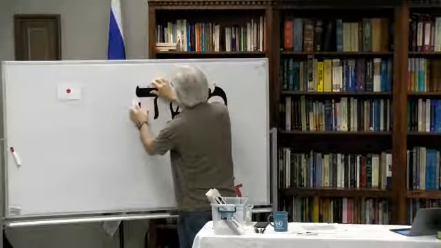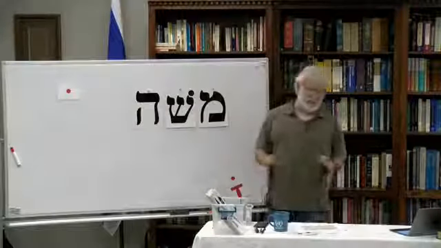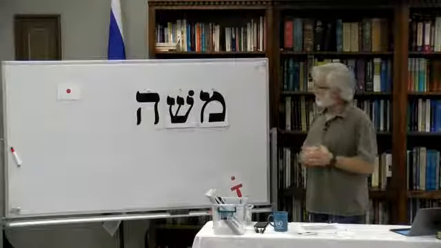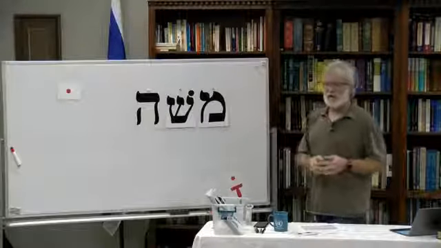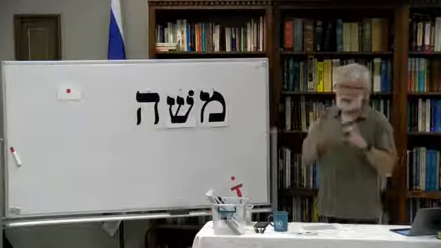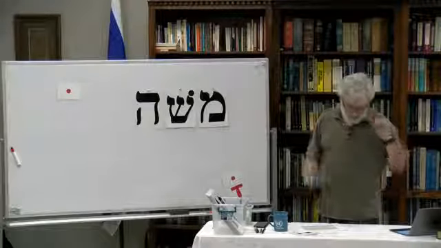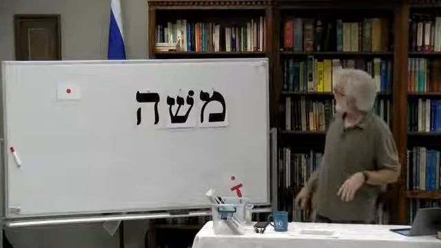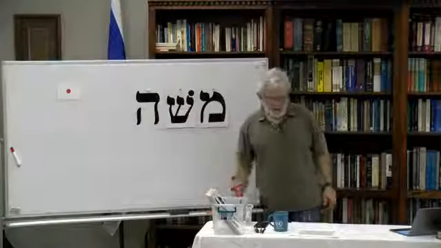Now remember with the name David, even though we say David in English, in Hebrew it's David, but David is transliterated fairly accurately. If you look at the Hebrew and you look at the spelling, it's easy to connect the two. In the case of Moses, his name in Hebrew is Moshe. So you have a mem, you have a sheen, and you have a hey.